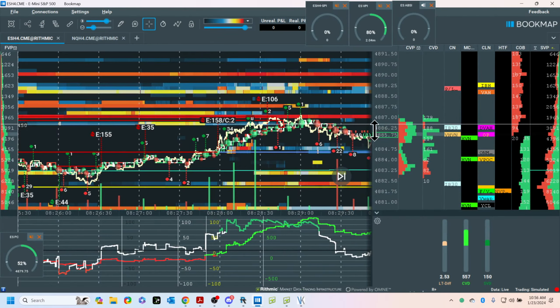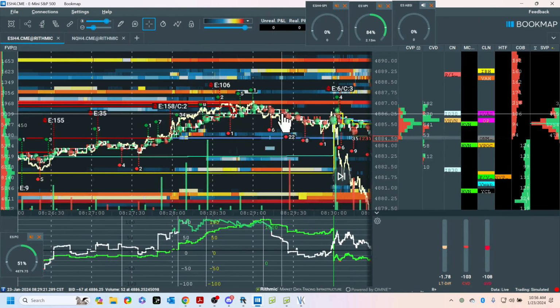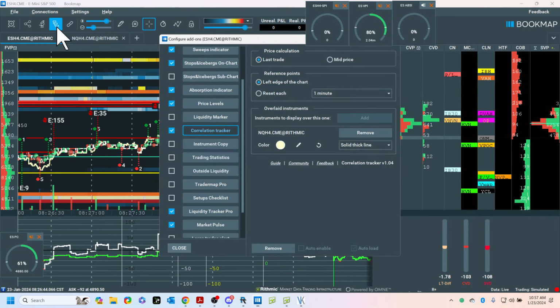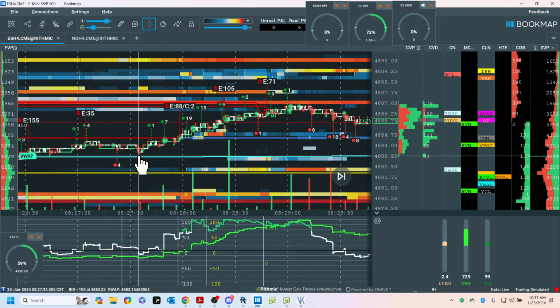So now, RTH open, watch. Nobody knows. Let me get some of this stuff off the screen. This is a correlation tracker of the NQ. We don't need to see that. I don't trade from it, but if the NQ is going down, it's not a terrible thing to know, and that's available. It's part of Bookmap.